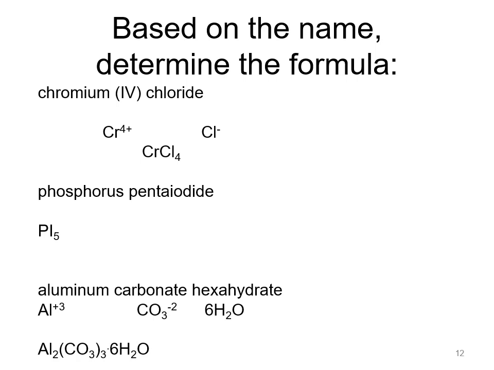Now, to get equal and opposite positive and negative charge in the salt itself, we're going to need 2 aluminums, that gives us +6, and 3 carbonates, that gives us -6, for the formula Al2(CO3)3, tied to 6 molecules of water.